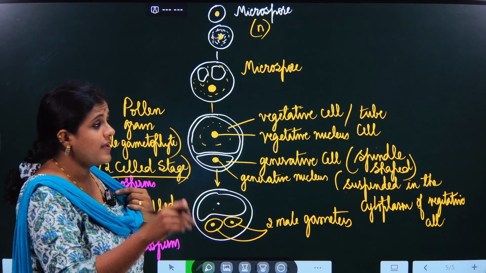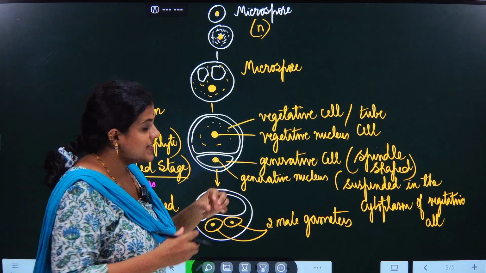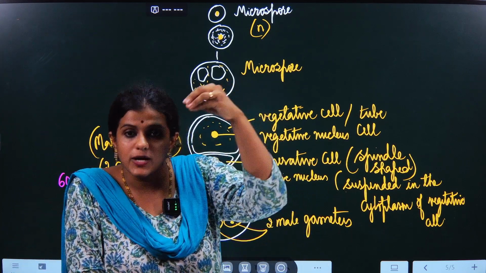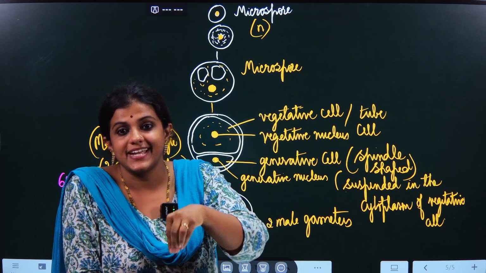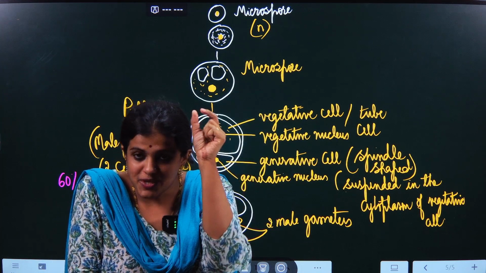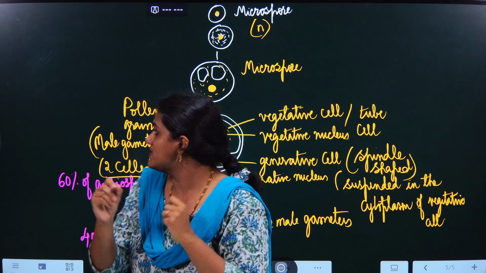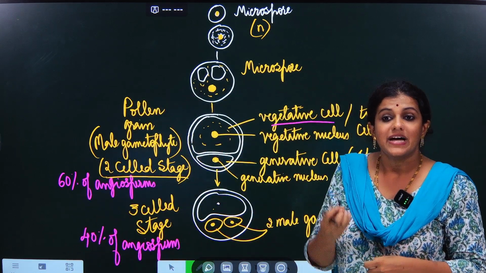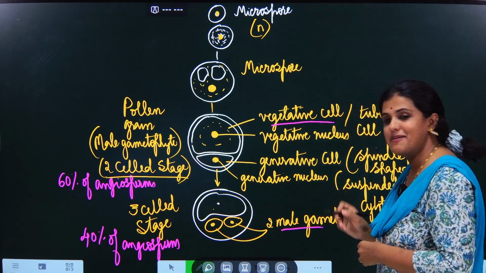But if they have landed on the stigma, they will develop a tube-like structure which will pass from the stigma through the style to the ovary. That pollen tube is developed from the vegetative cell, and it will be carrying two male gametes.